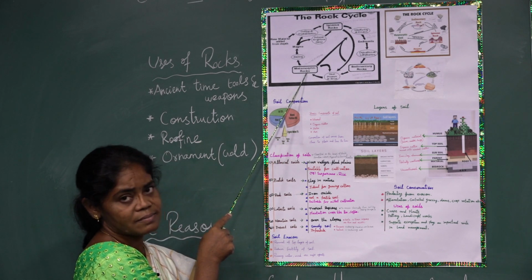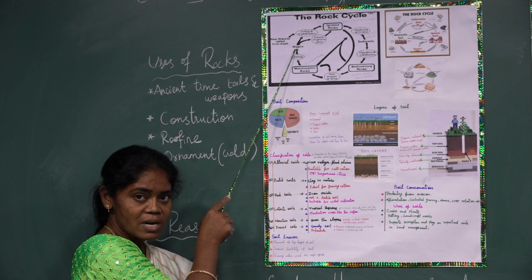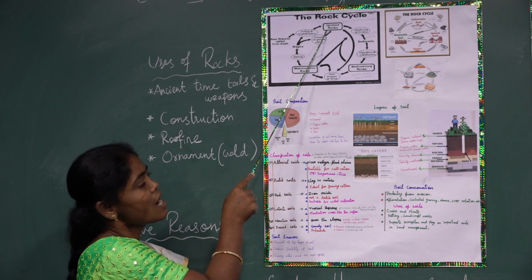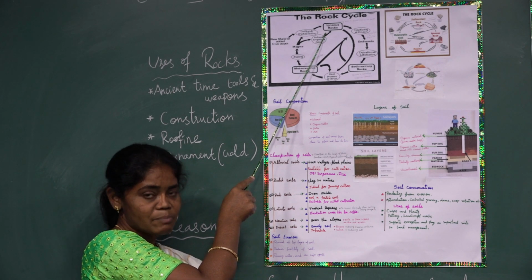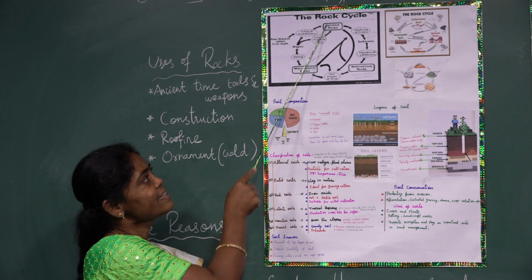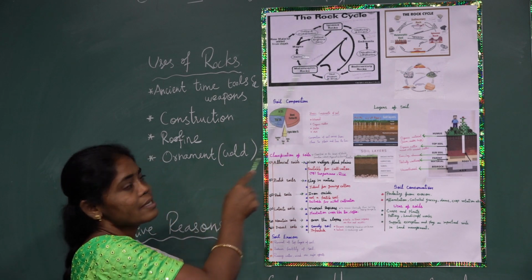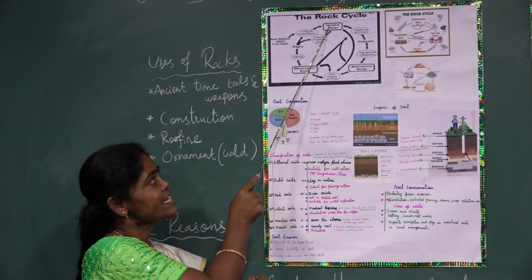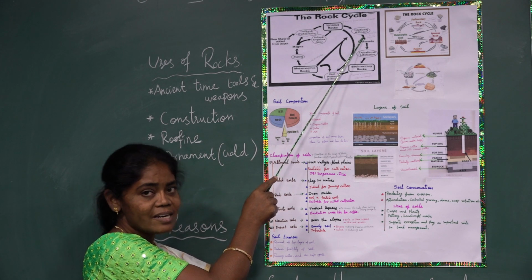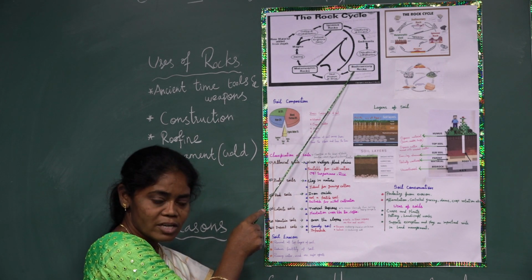It melts and becomes magma. This magma comes out and cools after some time. Then it forms igneous rock again. So once again the cycle takes place like this. Once again igneous rocks, due to weathering and erosion, are deposited and sedimentary rock is formed.